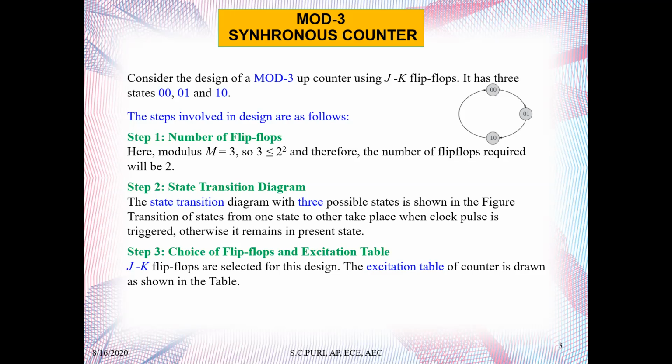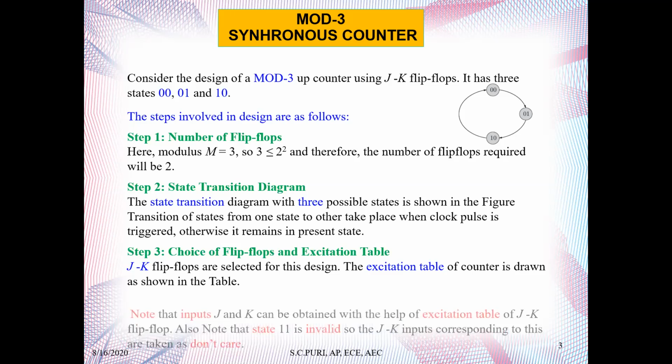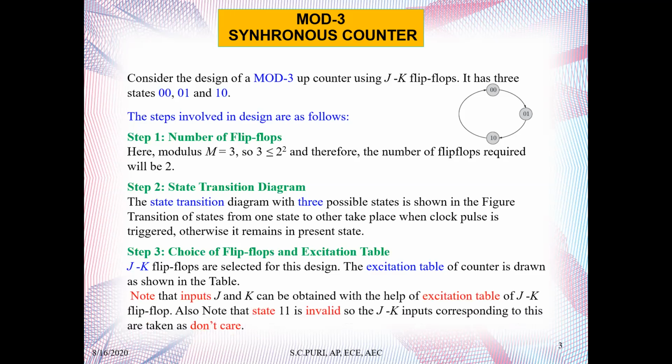Number 3, choice of flip-flops and excitation table. JK flip-flop is selected for this design as it has been mentioned in the problem statement. The excitation table of the counter is drawn as shown in the table. Note that inputs J and K can be obtained with the help of the excitation table of JK flip-flop. Also note that state 11 is invalid, so the JK inputs corresponding to this are taken as don't care.